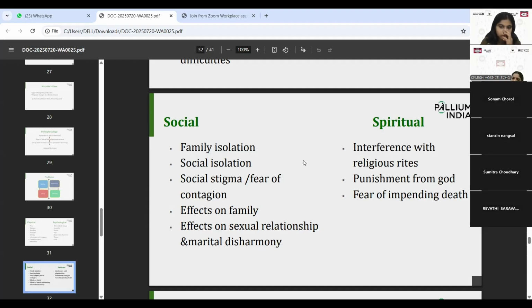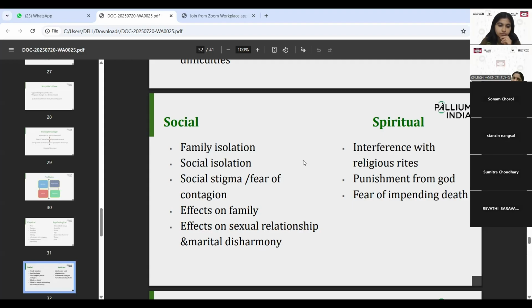In spiritual problems, they are facing interference with religious rites. They can't do religious activity regularly. They can't go to the temple. They can't read books. They can't do their religious rituals. They may think, God is punishing me, God is doing bad to me.